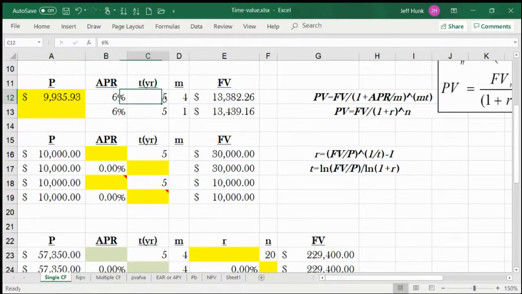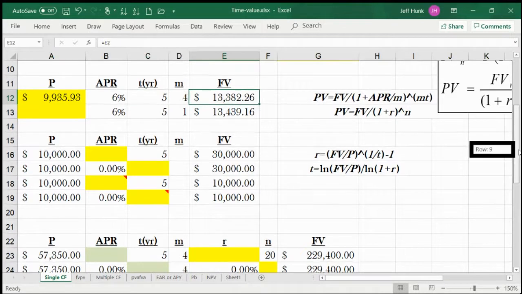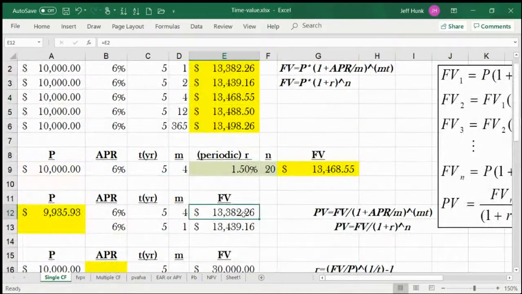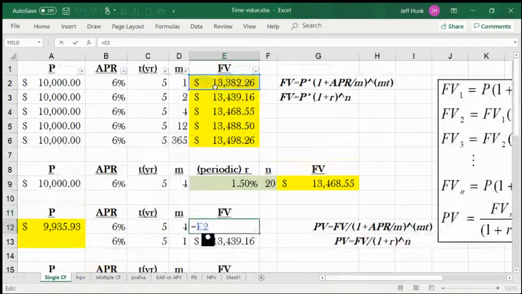This one is not exactly 10,000. Why? Because this is probably pointing to the wrong cell. What is this pointing to? E2. Oh, and E2 is actually annual compounding.